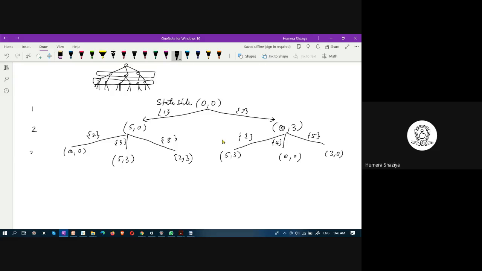Now we are at level number 3. At this level, we should consider expanding each one of them. How many are there? There are 6.